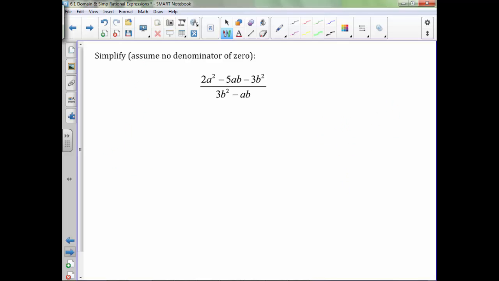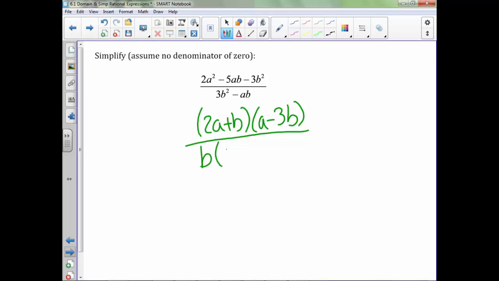And now this one, our numerator factors to 2a plus b and a minus 3b. Our denominator, notice they have a GCF of b that we can factor out. But notice there isn't anything that's exactly the same in your numerator and your denominator. But notice that these two are close. Once again, they're only off by a sign.